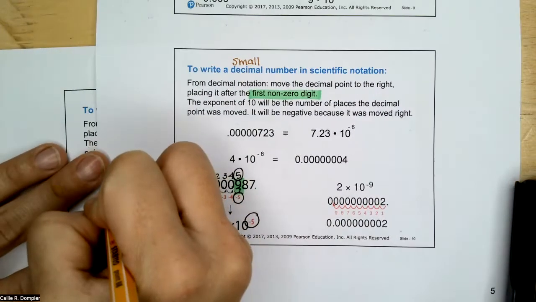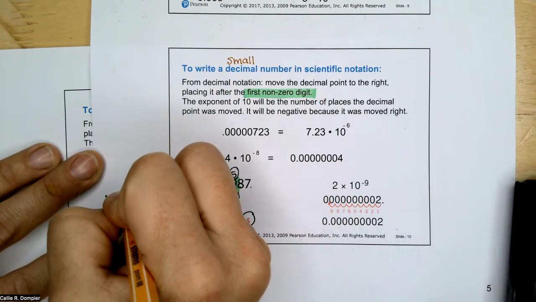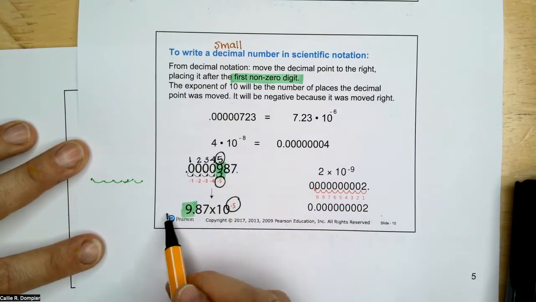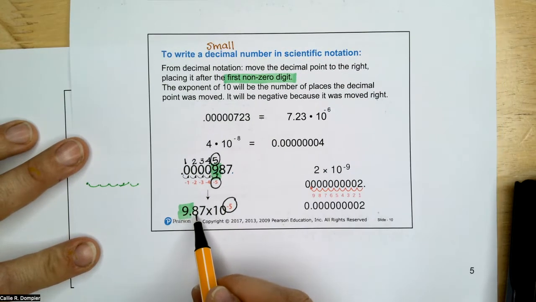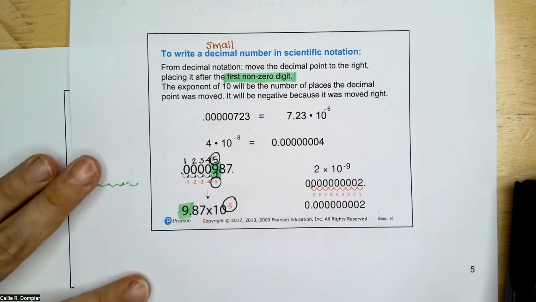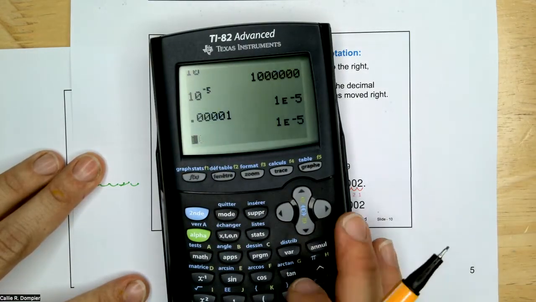I made it from a very small number to a whole number, right? So I'm going to multiply it by 10 to the negative fifth.